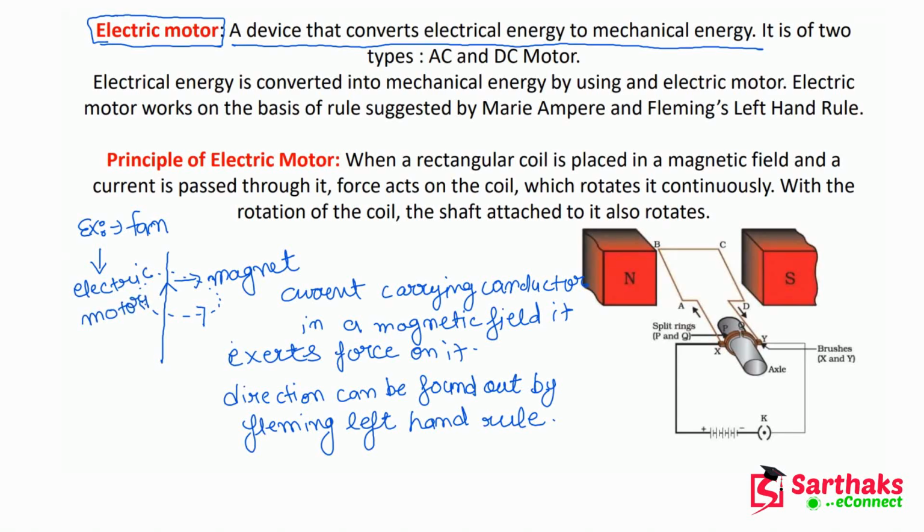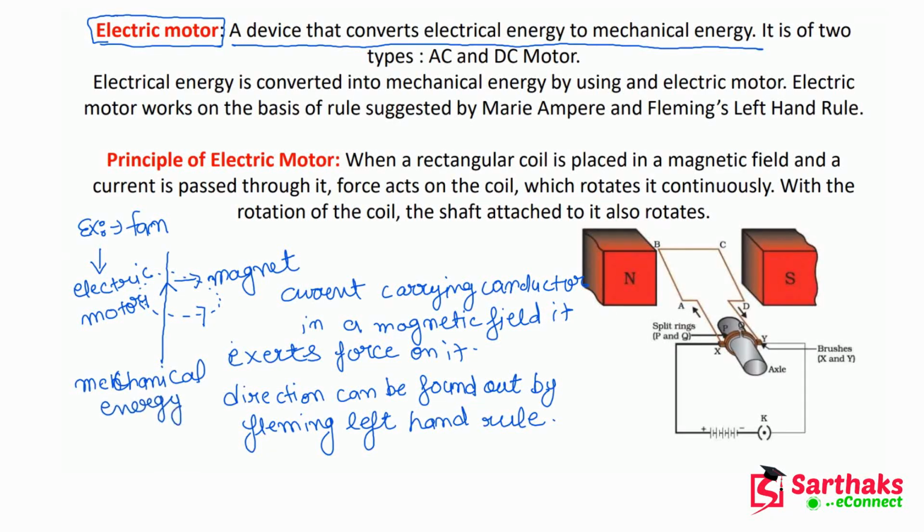So what are we doing? We are actually giving this motor electrical supply, and this motor rotates. So it means the electrical supply which we gave to this motor is converted into mechanical energy.